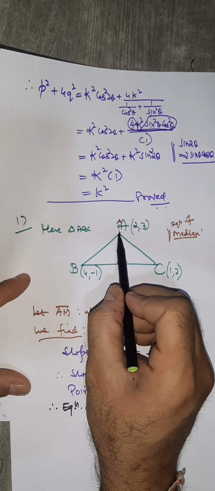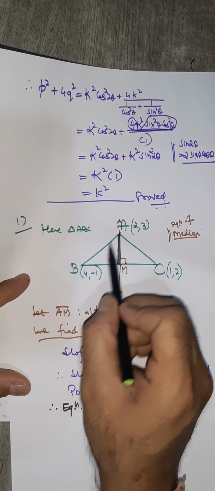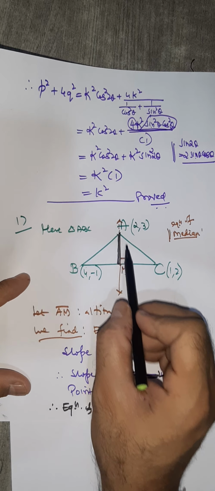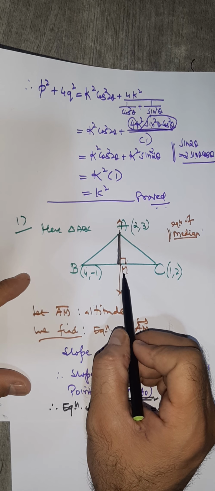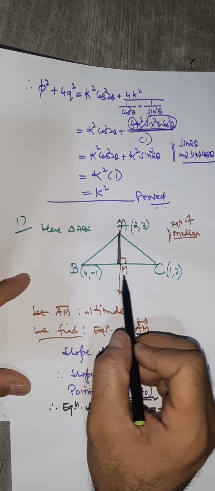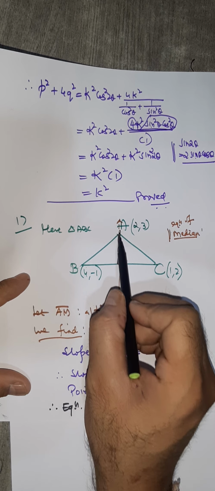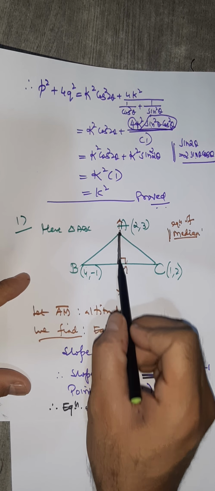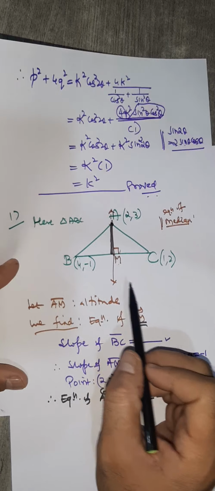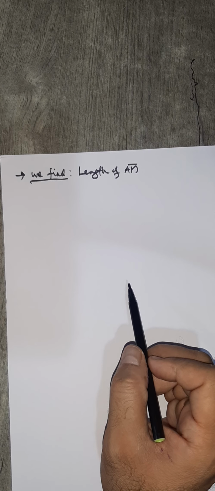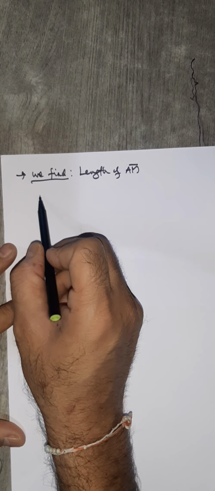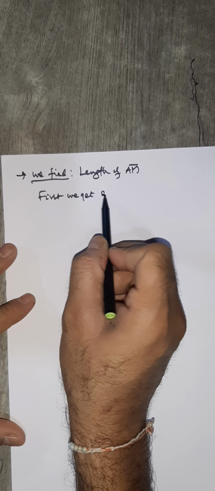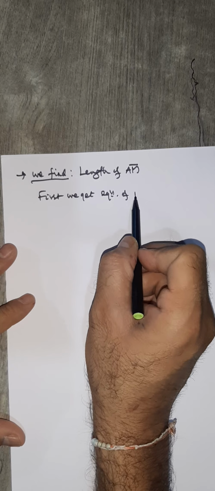Can you recall? Perpendicular distance of A from the line BC, as per our theory. One way is you get the coordinates of M and use the distance formula, but that should not be done here. What is the other way? Perpendicular distance of A from BC, that gives us the length of AM. Okay, so what do we need to get first? Equation of BC. So first we get the equation of line BC.